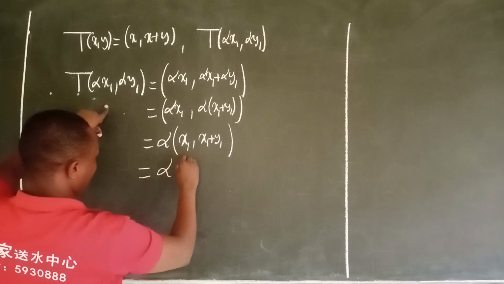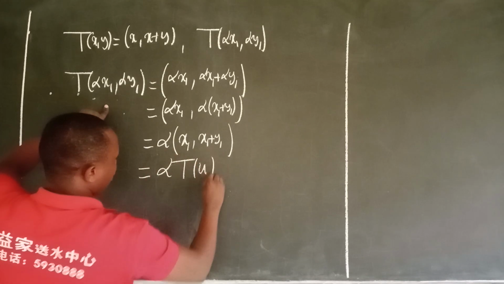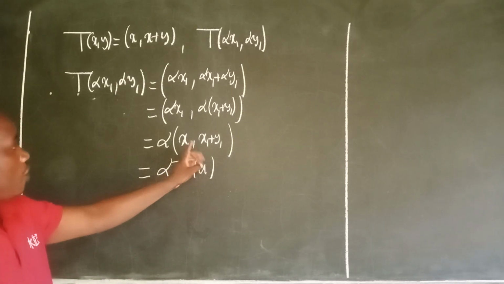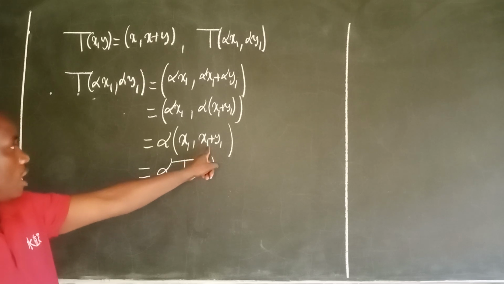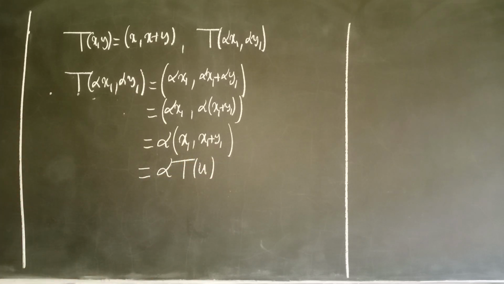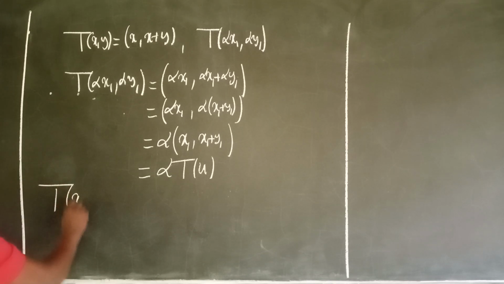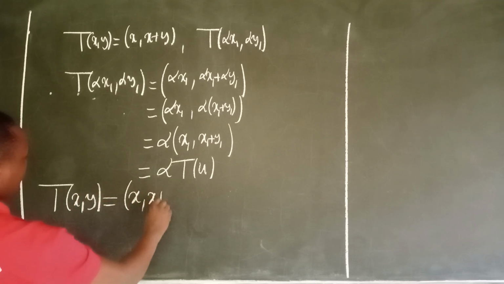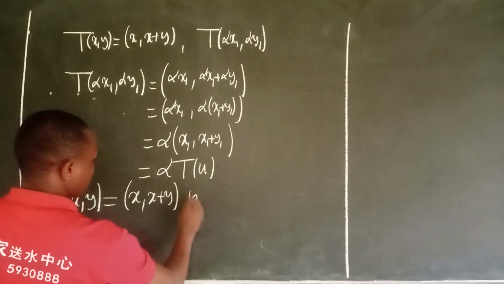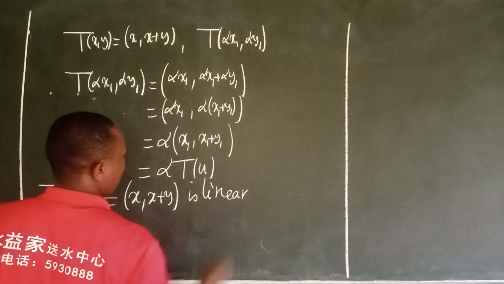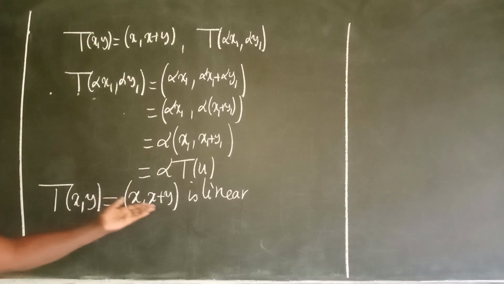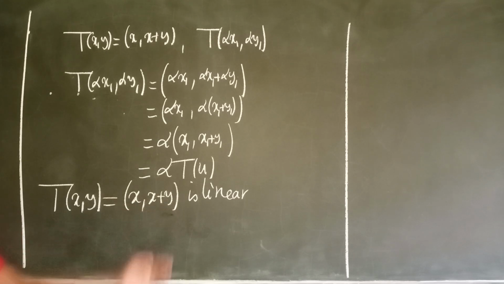This is the same as alpha T(u), because T(u) was a vector (x1, x1 + y1). Since both properties are fully verified, the given transformation T(x, y), which is (x, x + y), is linear.